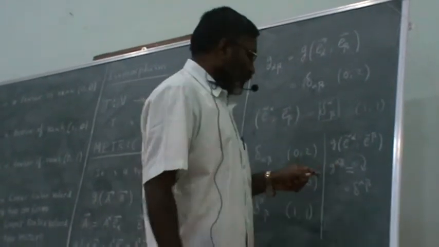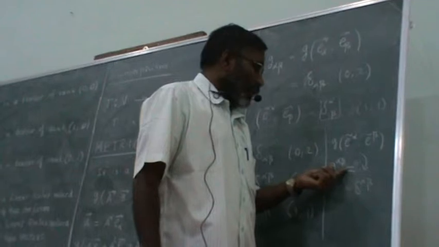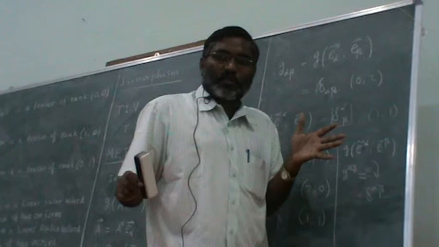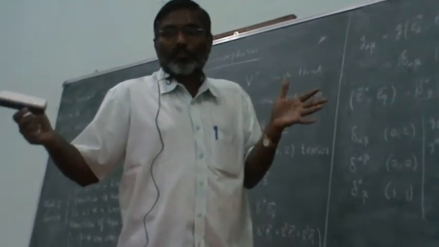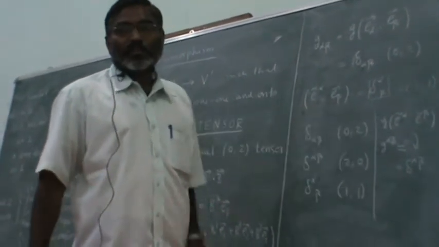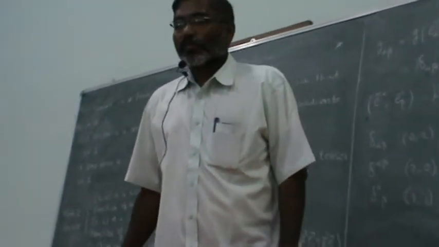And you will see that this G alpha beta will be the inverse of G, and G will be a 3 by 3 matrix, or 4 by 4 matrix. That will be an inverse of the direct lattice vectors. This is in general true. And also there is an additional feature for this metric tensor, that you can transform covariant components into contravariant components. That means it will transform vectors to one forms.